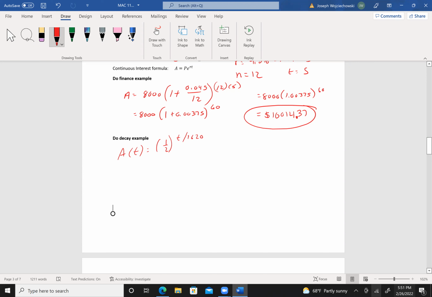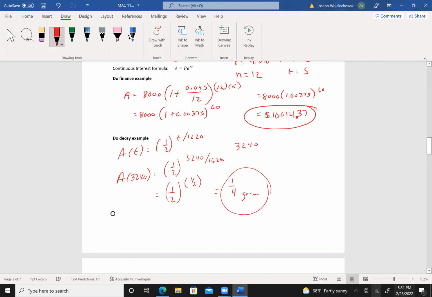How much radium will be present after, let's just go with, 3,240 years? So A of 3,240 is simply 1/2 to the 3,240 divided by 1,620, which is 1/2 squared, which is 1/4 gram.